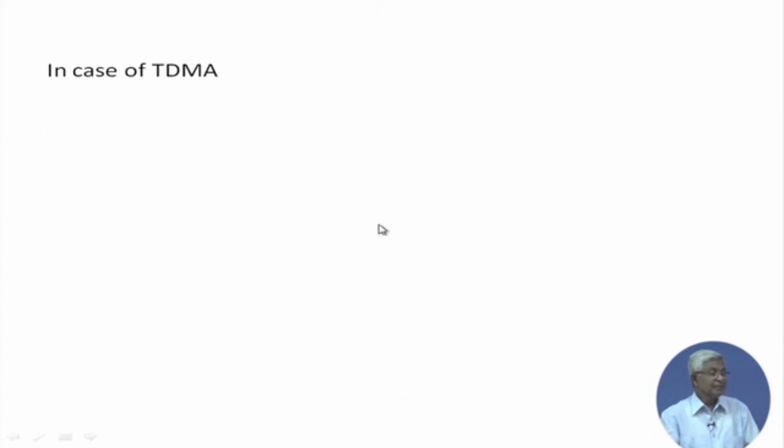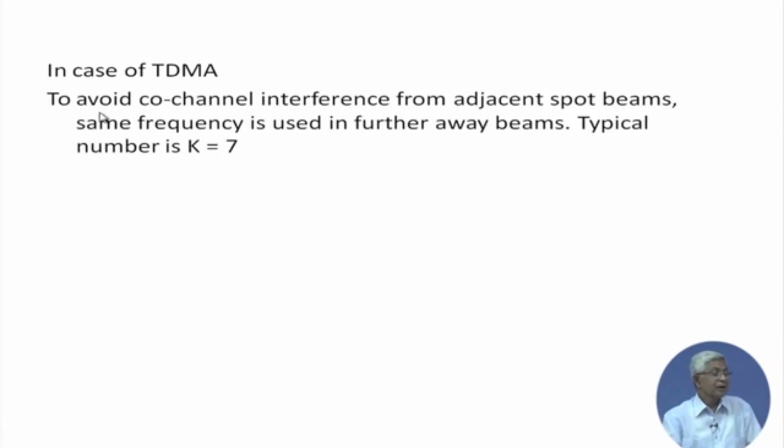In case of TDMA, to avoid co-channel interference from adjacent spot beams, the same frequency is used in a farther away beam. So in this case we have shown K equal to 7. It could be larger than that, depending on the type of antenna, again the antenna radiation pattern selected in each beam.